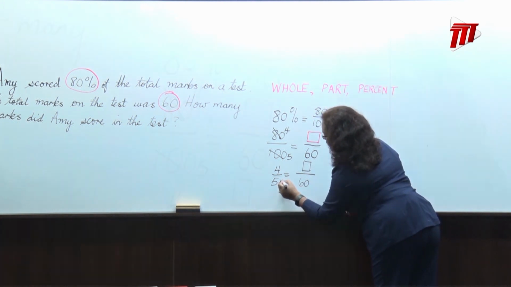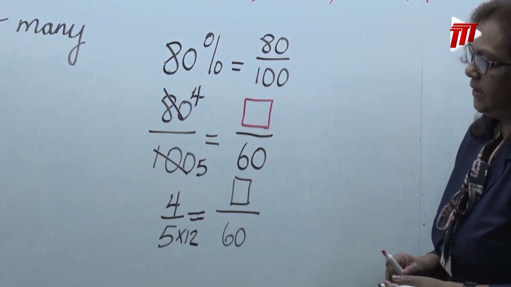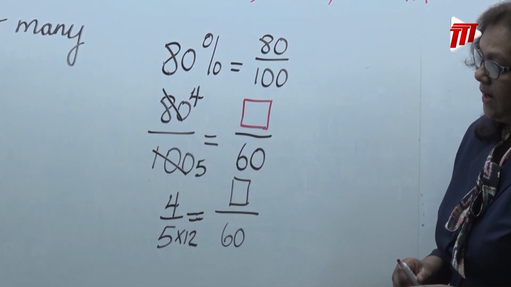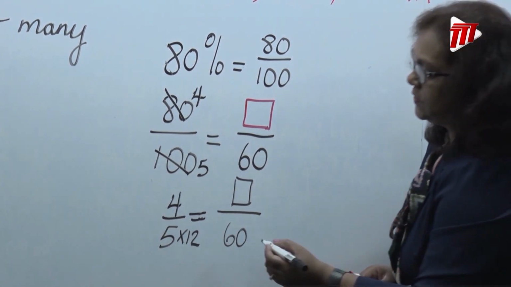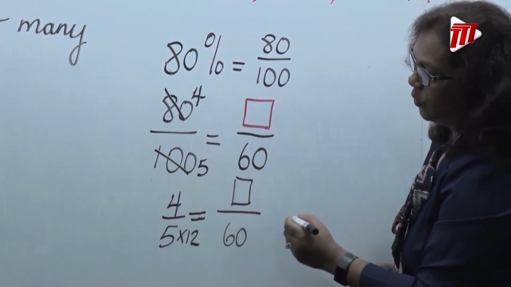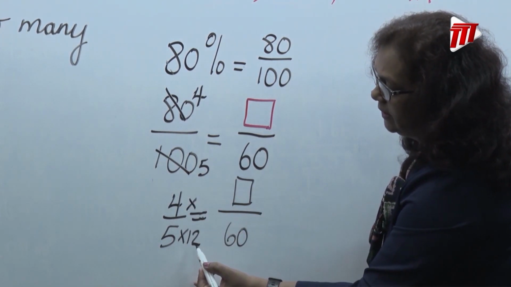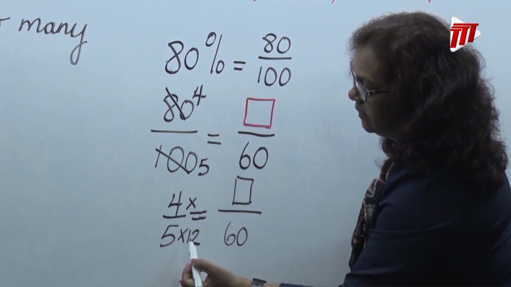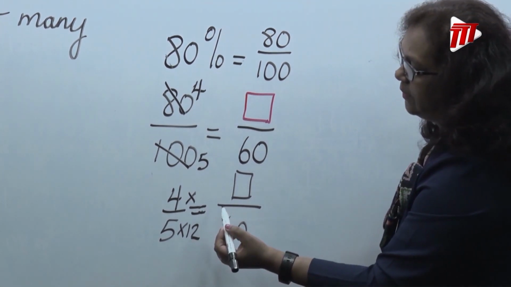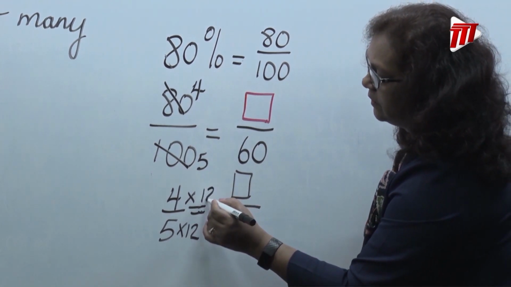As we know with equivalent fractions, whatever number I multiply the denominator by, I'm going to do the same thing with the numerator. So in this case, I'm working backwards. If I multiplied 12 by 5 to get to 60, then I'm going to multiply the numerator. I'm going to multiply 12 by 4.